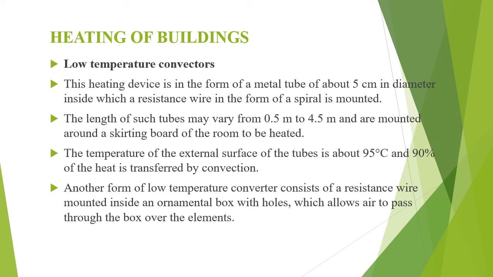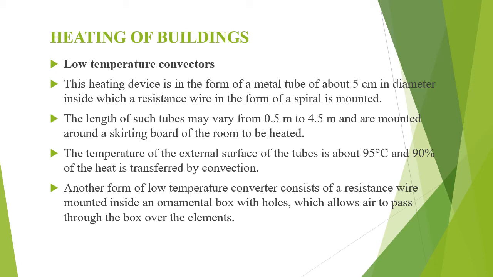Low temperature convectors. This heating device is in the form of a metal tube of about 5 cm in diameter, inside which a resistive wire in the form of a spiral is mounted. The length of such tubes may vary from 0.5 meter to 4.5 meter and they are mounted around a skirting board of the room which is to be heated.